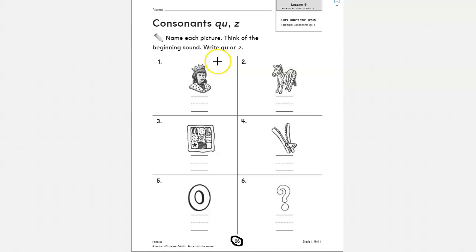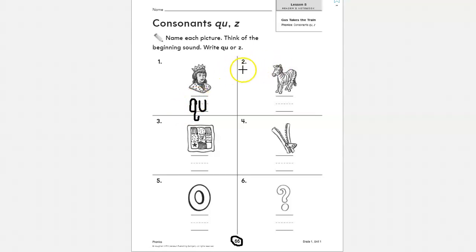Queen begins with the qu sound. So we are going to write the letters Q, U. So make sure we write our circle for a Q and then our tail of our Q. That just looks like a little hook almost. So Q, U is what we would write in the blank to make the qu sound for queen.